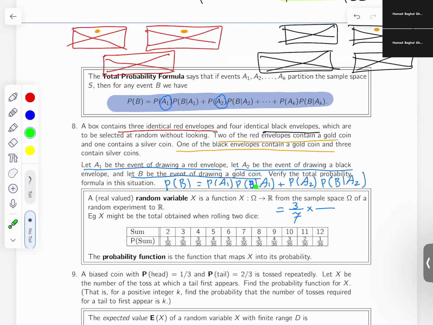What's the probability of getting gold? 2/3. Similarly, probability of A2 getting black is 4 blacks out of 7 times probability of gold from black. That's the answer. That's enough. You don't need to simplify these things. If it is multiple choice questions, yes, you do need, but in written answer question, you don't.